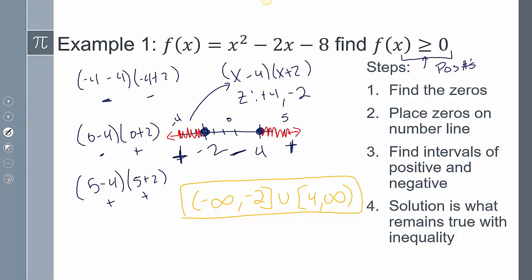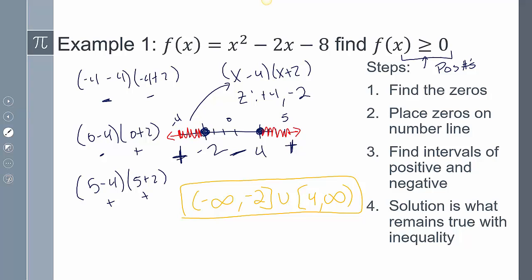So the first thing that I did here was I had to find the zeros. Just know that the way that we find the zeros may be different, because in this case it was a quadratic equation. We know simple forms of factoring to be able to do that. As our polynomial becomes more complicated, we're going to have to use more complicated forms of factoring. So I found the zeros.